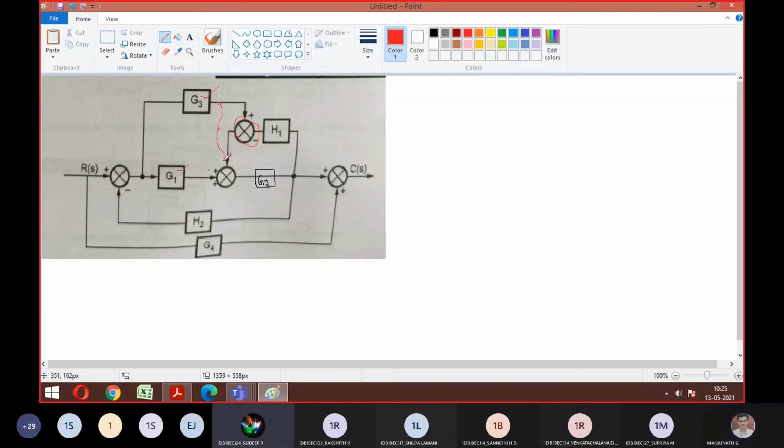Parallel. If it is not there, similarly I can make this H1 and G2 combination as what, guys? Elimination. Good. So now what is the thing which is having a barrier here? The barrier. Summing point.